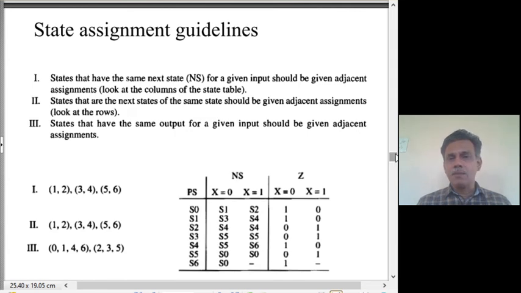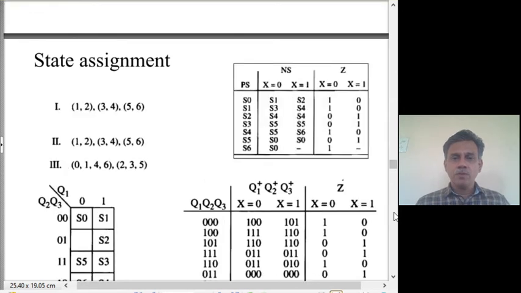there are 2 parts in a Mealy circuit. One is a state register. We now know that there are 3 flip-flops in that. It's a 3-bit register, and then there is a combinational circuit. To that combinational circuit, we have 4 inputs, Q1, Q2, Q3 and X, and 4 outputs, Q1 plus, Q2 plus, Q3 plus and Z. And we need to minimize the complexity of the circuit.